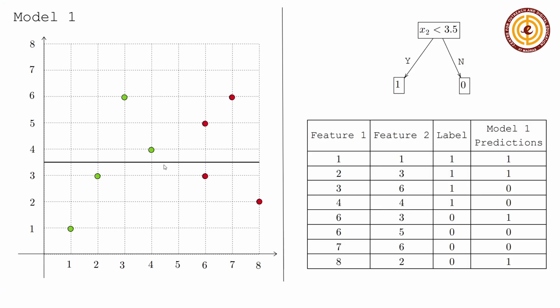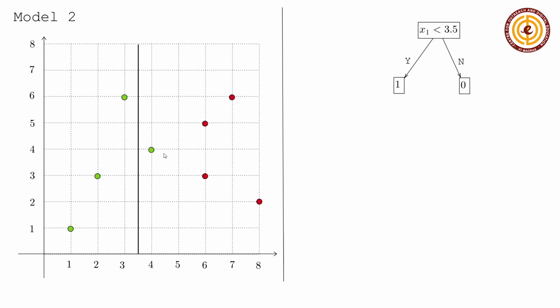However, for this model, we see that it has got 4 points predicted correctly, which is (1, 1), which had the label 1, is still predicted as 1. (2, 3), which is this point, is also having the correct label as 1. Whereas there are these 2 points, which is (6, 3) and (8, 2), which had the original label of 0, but our model has now predicted it as 1, which you can just check using this question. So likewise, these 2 points are also misclassified, and clearly this is not that great a model.